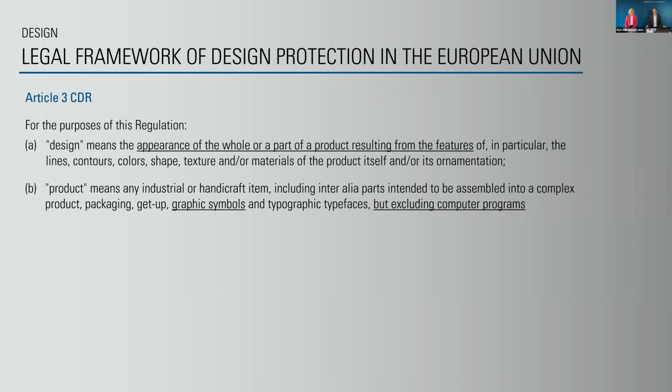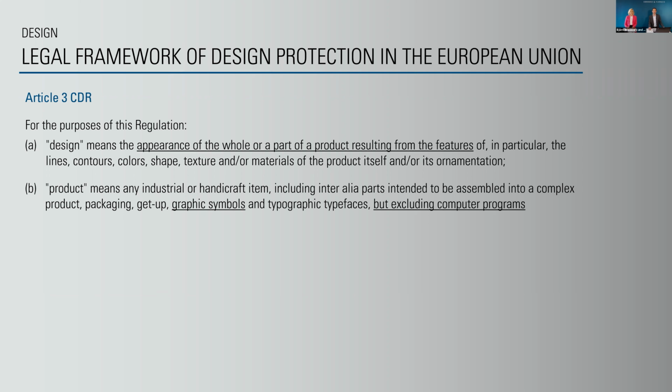complementary, or sometimes primarily by designs, because designs you get for the appearance of a product which is new and has individual character. And such products are also graphic symbols and icons, although they are two-dimensional. But in Europe, it is clear that you also get design protection for two-dimensional products.